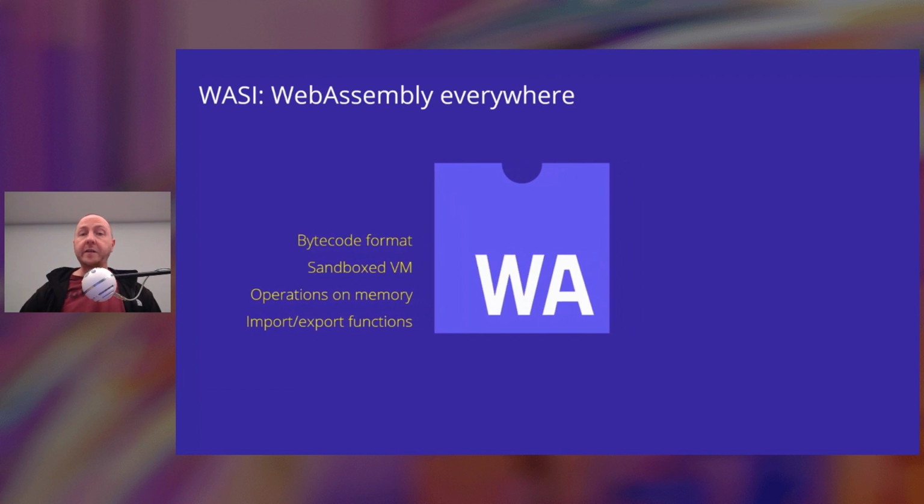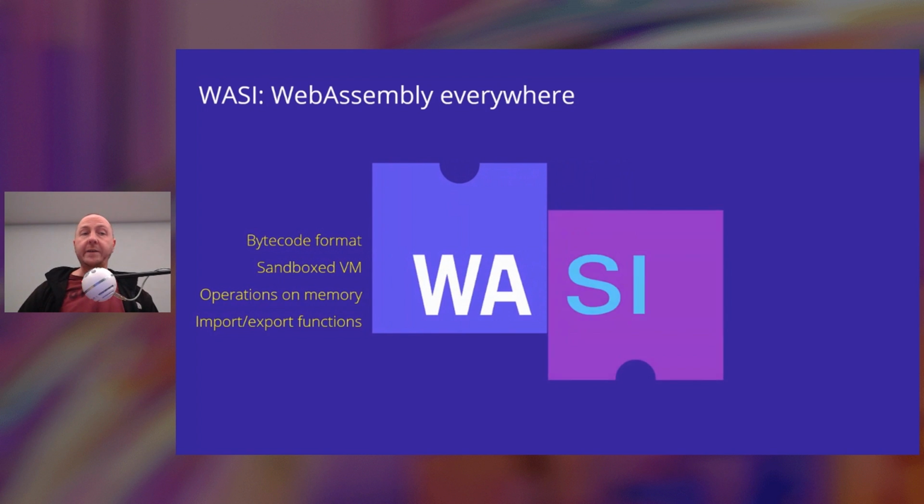Well, that brings us to this concept of WASI, WebAssembly System Interface, which is a spec that's been around for a few years now. And what this defines is a standard set of system imports that should be provided to WebAssembly code that allow it to do things like accessing a file system or accessing network sockets or other functionality that you would get from an operating system.